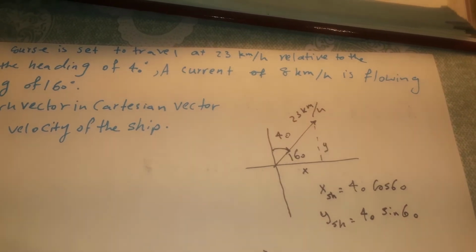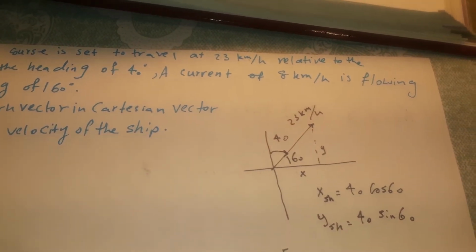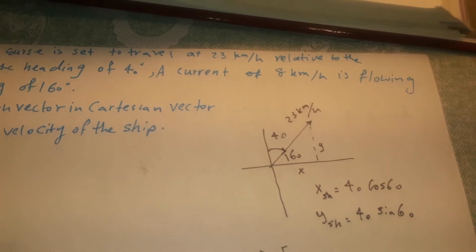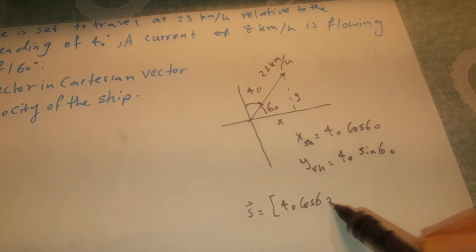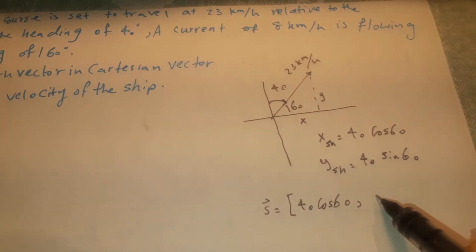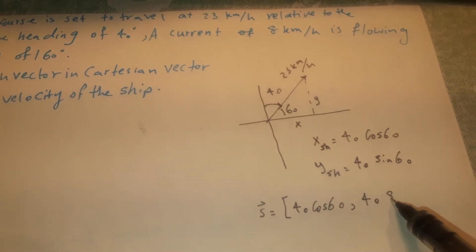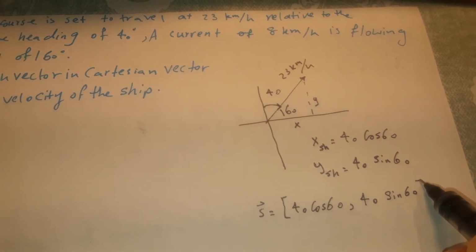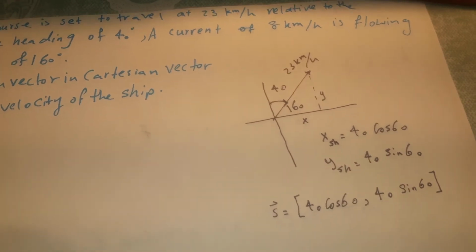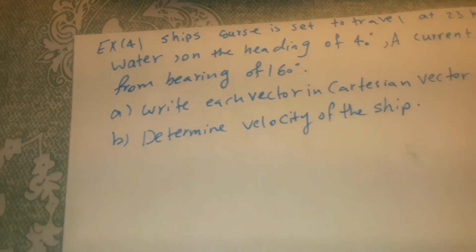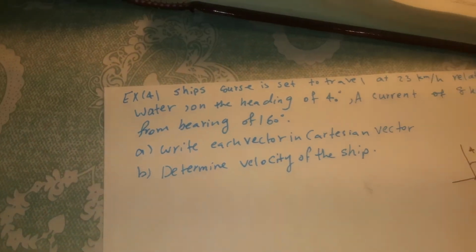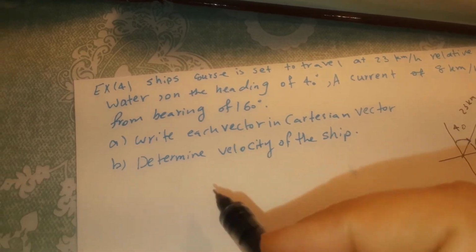So I call it S for the ship. The x component is 40 cosine 60, and the y component is 40 sine 60. Now for the other one, the bearing of 160.